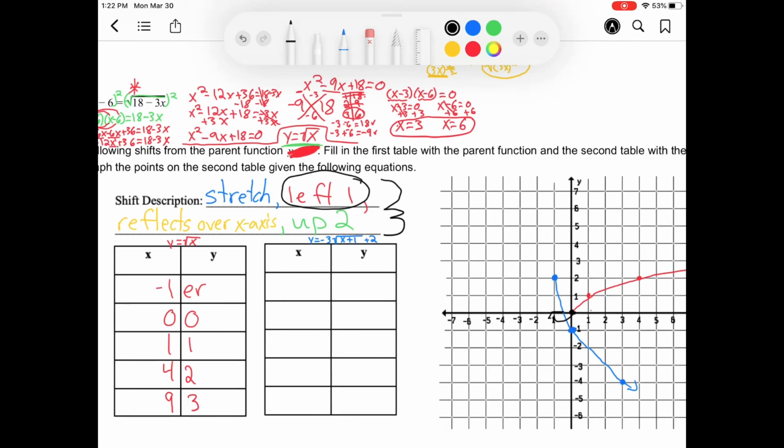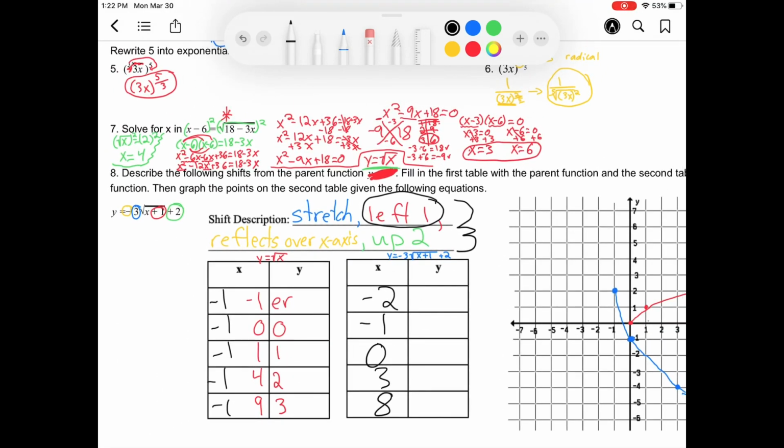I would have to subtract 1. So I'm going to come in here for all of my x values and subtract 1. So that means my new x values are -2, -1, 0, 3, and 8.